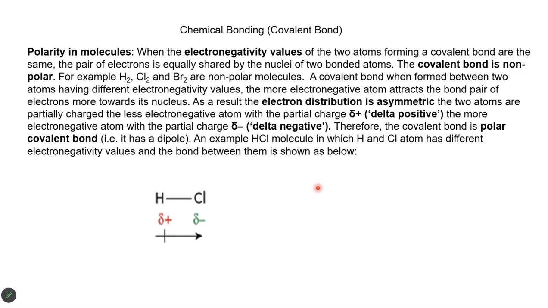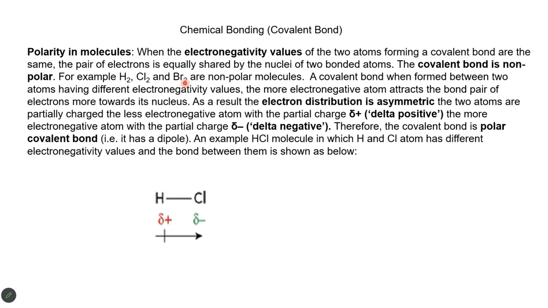See, a covalent bond is formed by sharing of electrons by two atoms. And this covalent bond can have two types: one is called polar covalent bond and the other non-polar covalent bond. Non-polar covalent, for example, hydrogen molecule, chlorine molecule, bromine molecule.